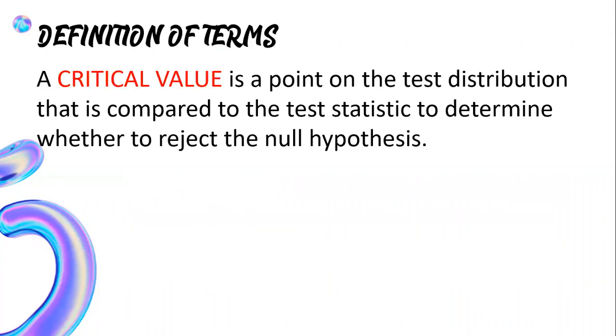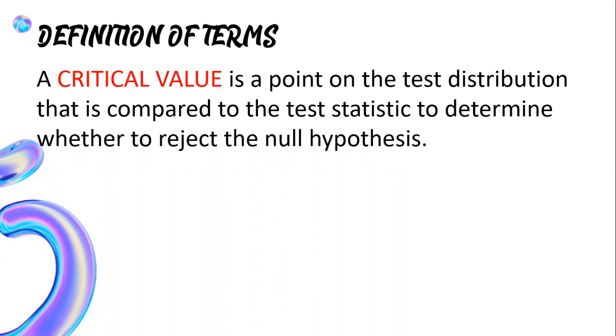But the question is, when do you reject your null hypothesis? It's very important to know some important terms like the critical value. What do we mean by critical value in statistics? It's actually a point of the test distribution that is compared to the test statistic to determine whether to reject the null hypothesis.